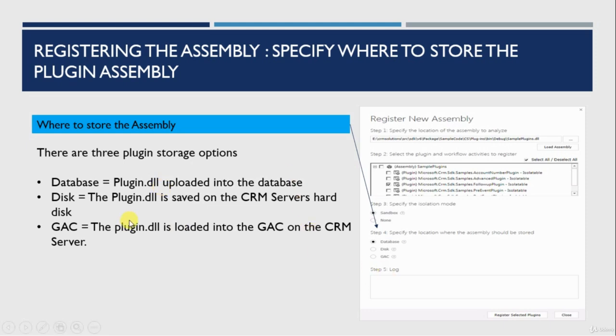And last, you can store the assembly in GAC. GAC is nothing but the global assembly cache. In this case, the plugin DLL will be loaded into the global assembly cache folder on the CRM server.